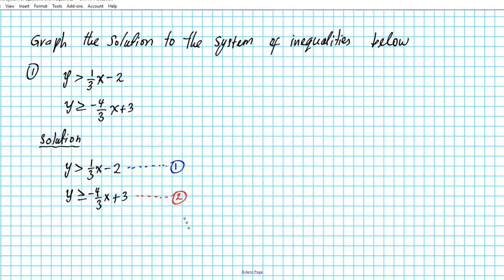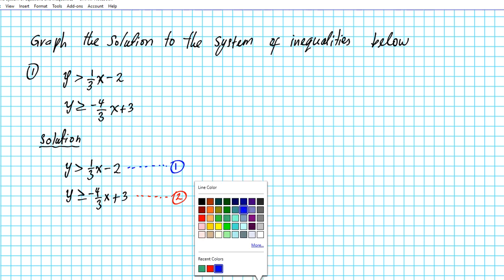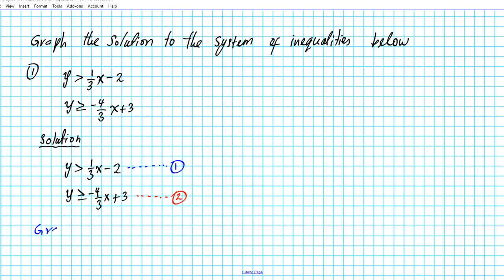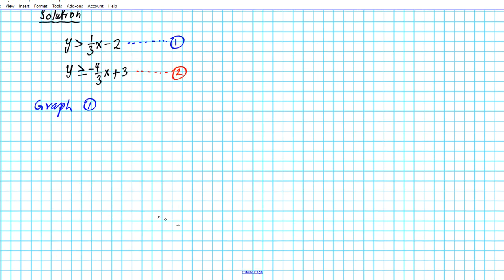Okay, so let's start with the first one. The first goal is to graph linear inequality 1. Linear inequality 1 is given by y is greater than 1/3 x minus 2.